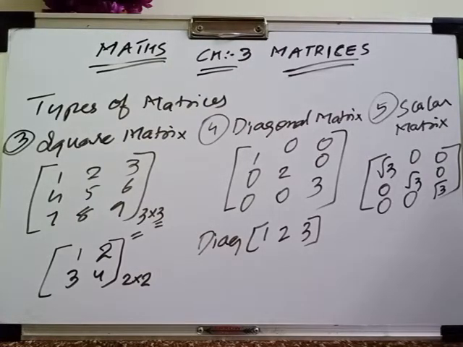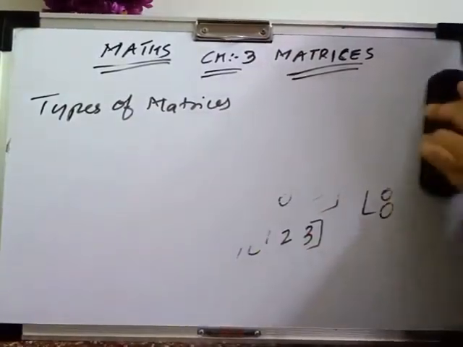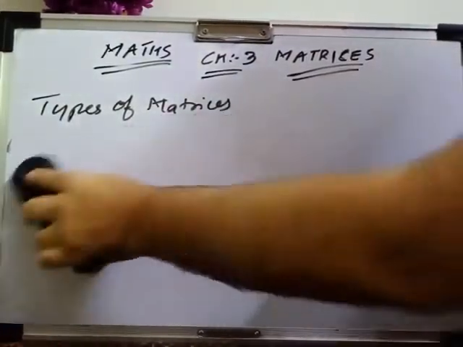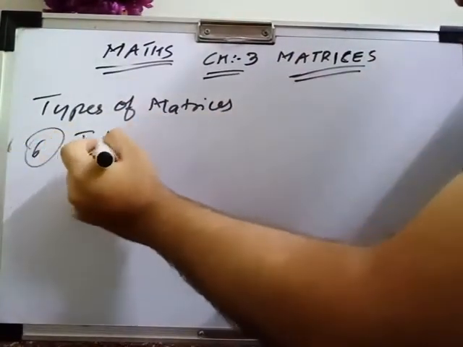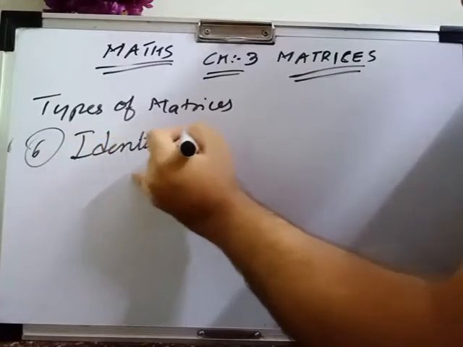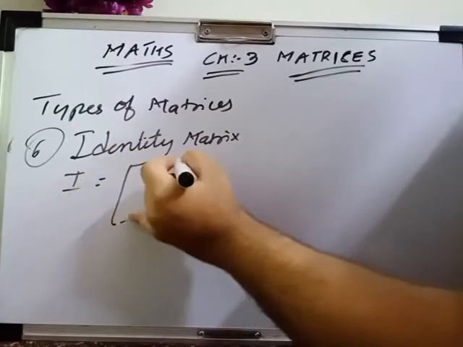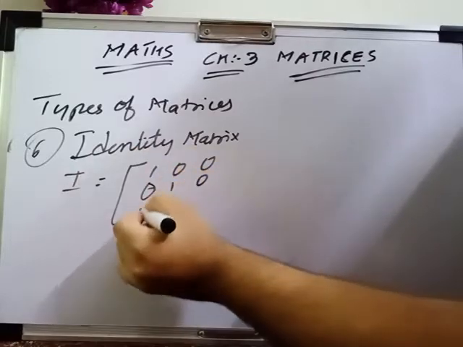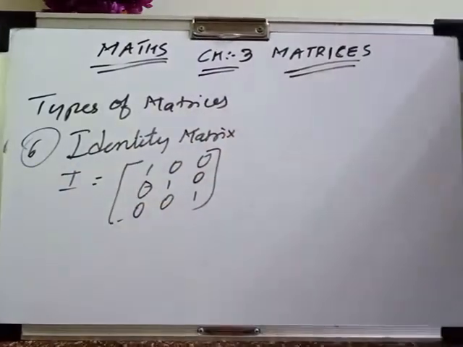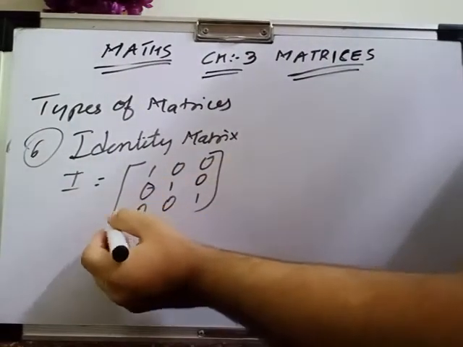And the sixth type of matrix is the identity matrix. It is denoted by I. And this is a special type of scalar matrix where the entries will be 1.